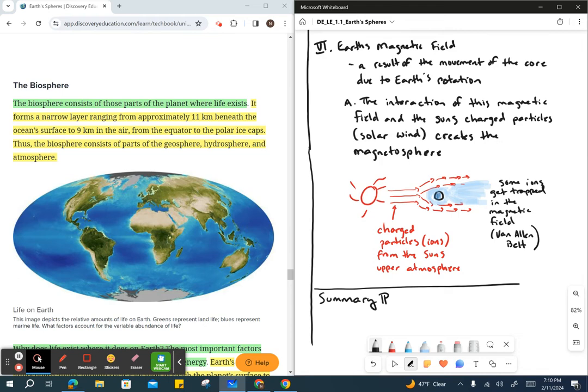Last, the magnetosphere. That wasn't necessarily part of our initial listing, but your text goes ahead and throws it in there. Remember that the magnetic field is generated from the core. You have a solid iron core, iron, nickel, magnesium core, spinning in an outer liquid core. Why is it turning and spinning? Because the Earth is rotating.